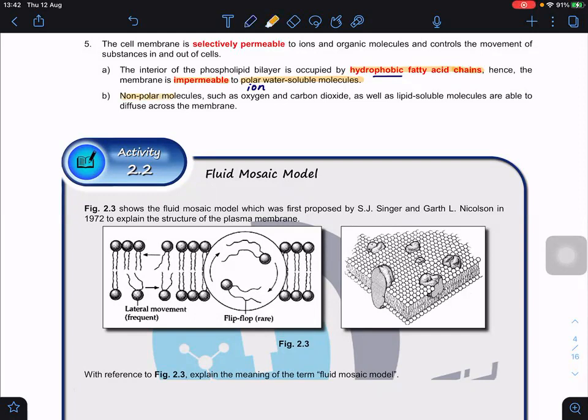For non-polar molecules, for example oxygen and CO2, as well as lipid-soluble molecules, for example glycerol and vitamins A, D, E, and K, they can diffuse across the phospholipid bilayer.